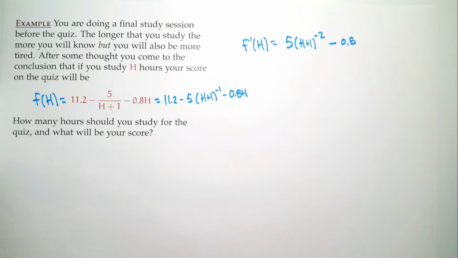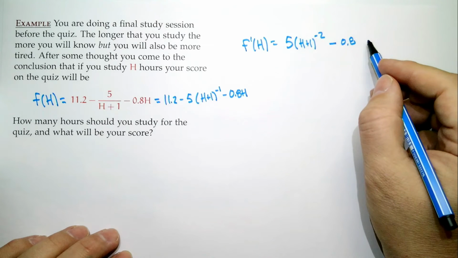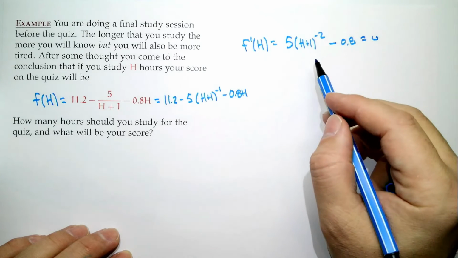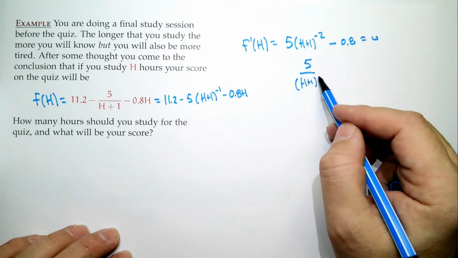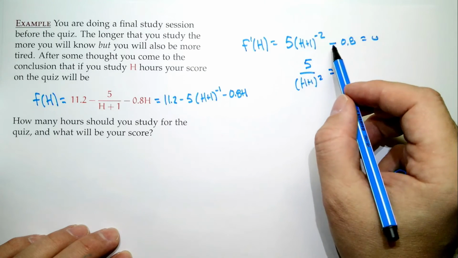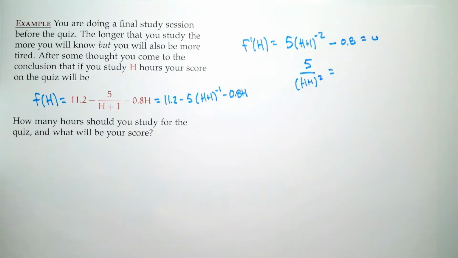So what do we care about then? Well, what kind of other critical point can we have? We could have it where the derivative is 0. So we're going to set this equal to 0. So what do we have? Well, 5 over h plus 1 squared is equal to, because I'm going to bring that across, 0.8.